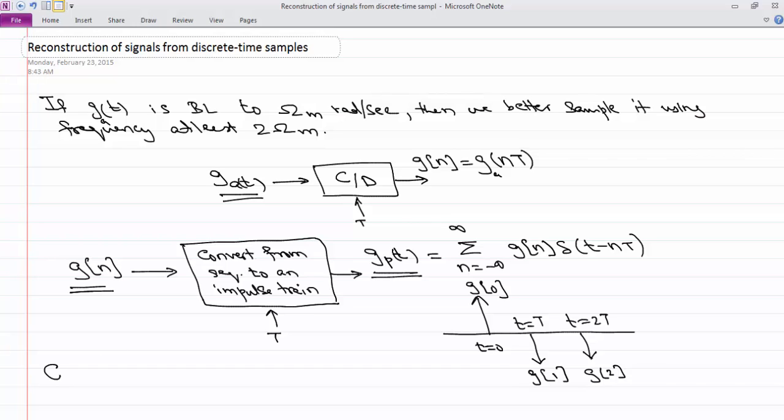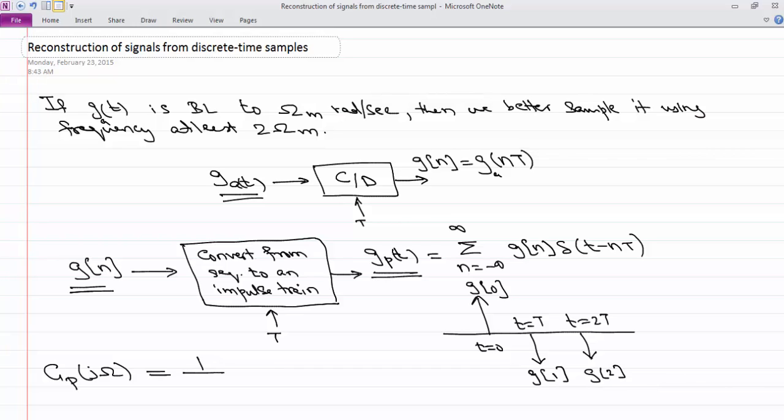We talked about three main properties of sampling, the transformation of a continuous time signal to its impulse sampled signal.